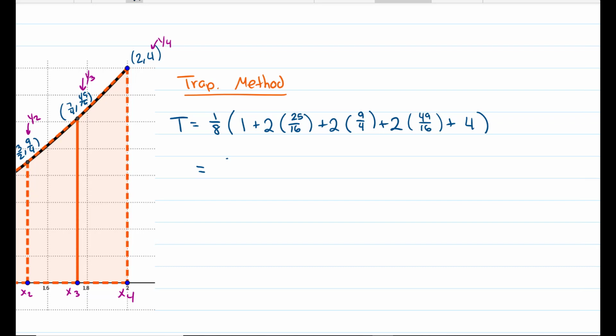When you simplify all that, you'll get 75 over 32, which is about 2.34375. So that means the integral from 1 to 2 is about 2.34375.